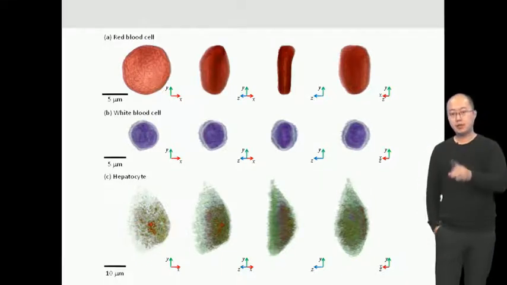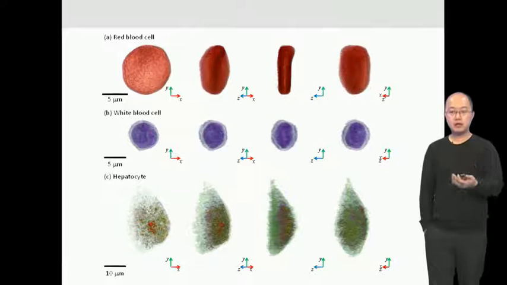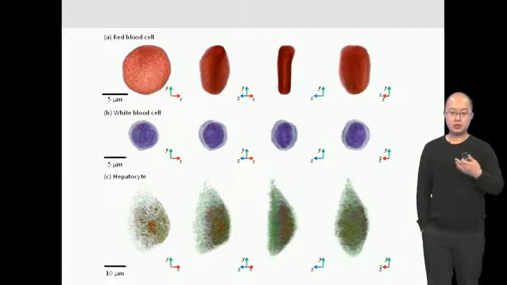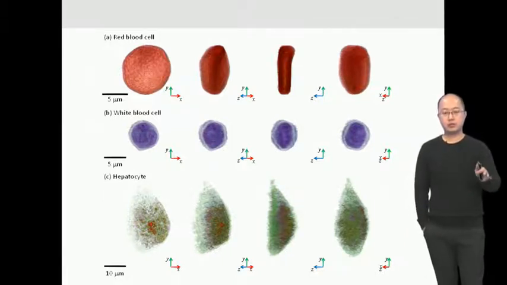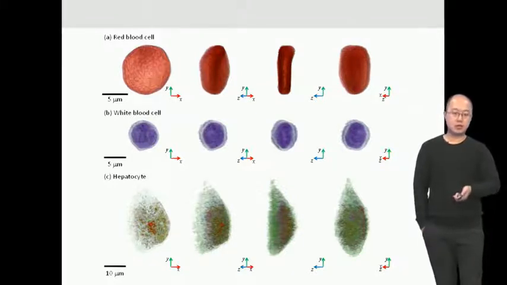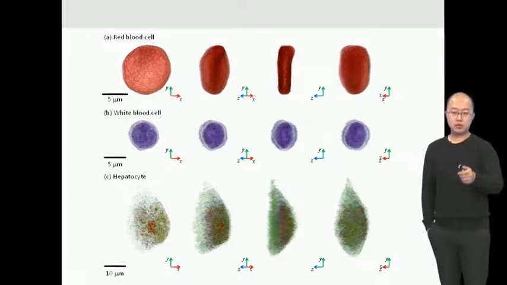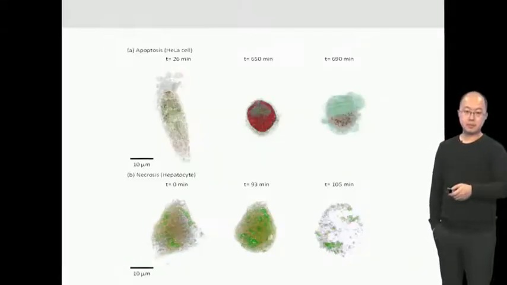So by putting artificial color renderings on the measured refractive index values, we can nicely visualize those three-dimensional tomograms of the refractive index, which are very comparable to conventional H&E images or confocal images. The bottom one is hepatocytes, and you can see the nucleus and subcellular organelles.